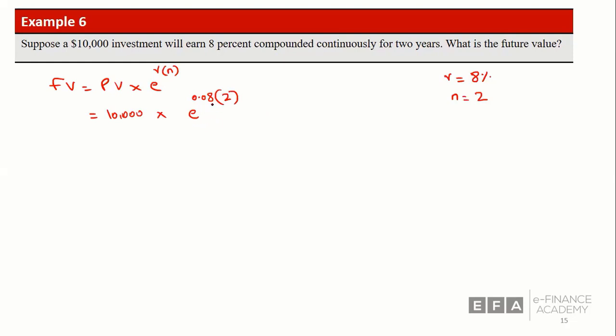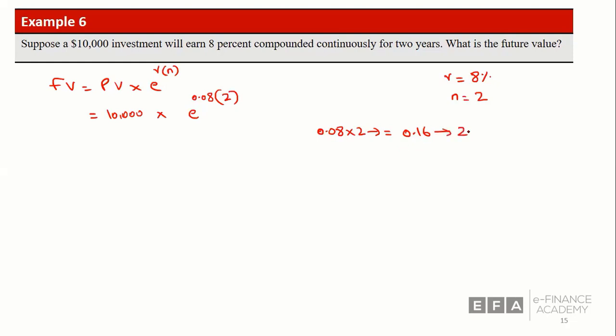So how are you going to use the calculator? First, to use the calculator, you're going to press 0.08 multiplied by 2 and press equal. So let's get the answer. 0.08 multiplied by 2, you should get 0.16. Once you have 0.16 on the display screen, here's what you should do.